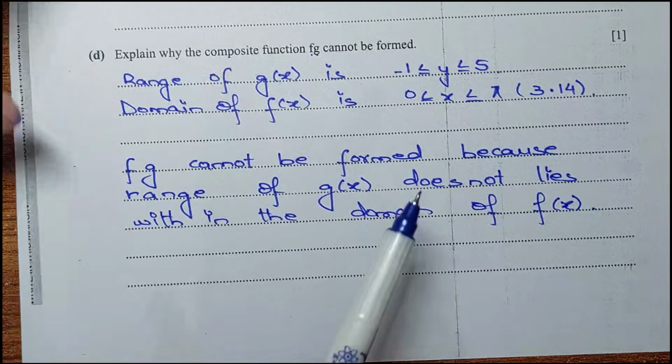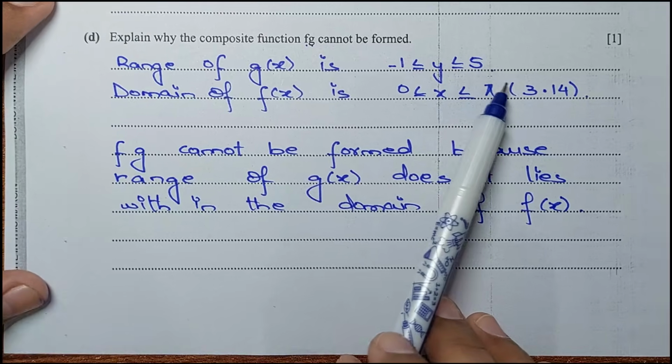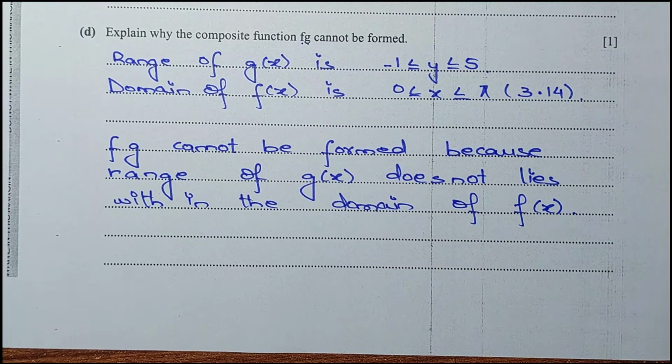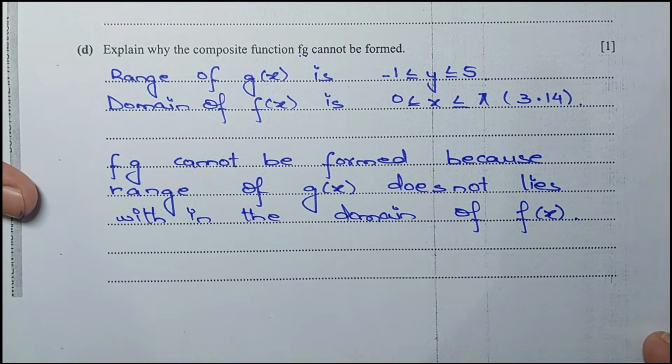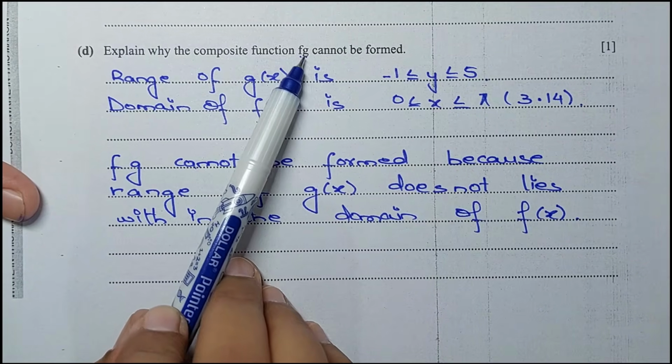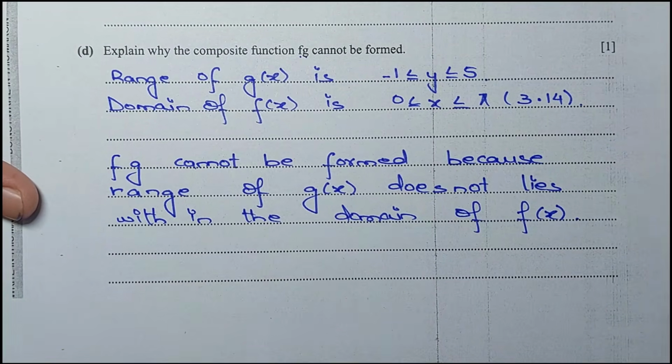The range of g of x is from minus 1 till 5. This does not lie within the domain of f of x, because f of x is just from 0 to 3, but minus 1 till 5 includes numbers outside it, like minus 1 and 5. So that is why the composition is not possible. Composition is only possible when the range of the inner function lies within the domain of the outer one.